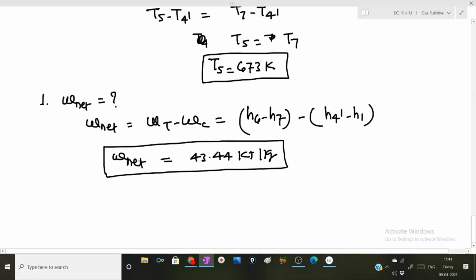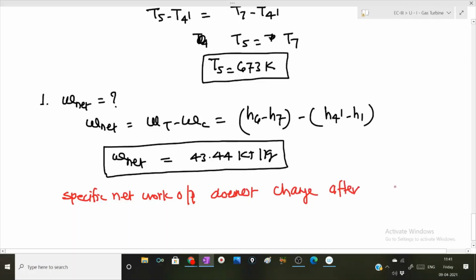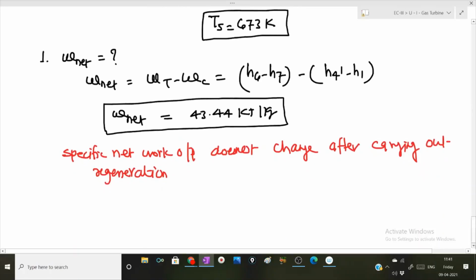Specific net work output does not change after carrying out regeneration. So whenever you carry out regeneration, net work output of the basic cycle does not get changed. This we have to justify.